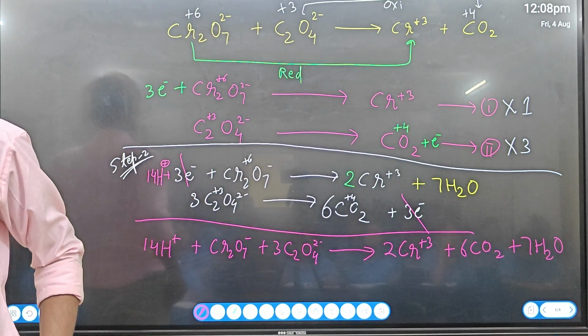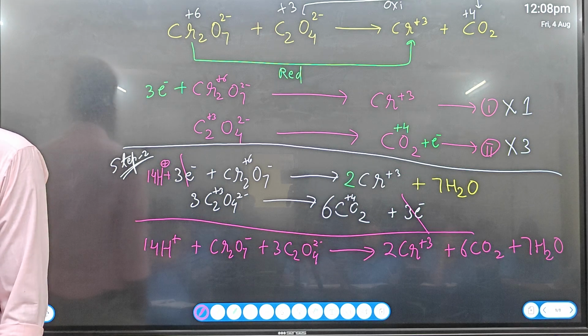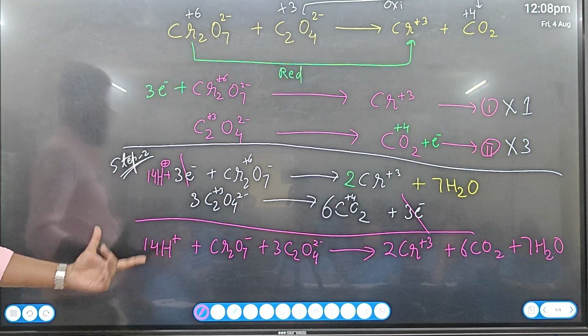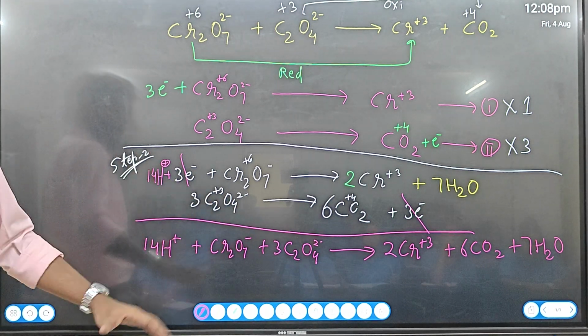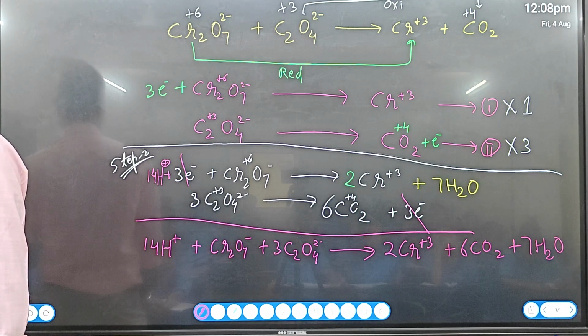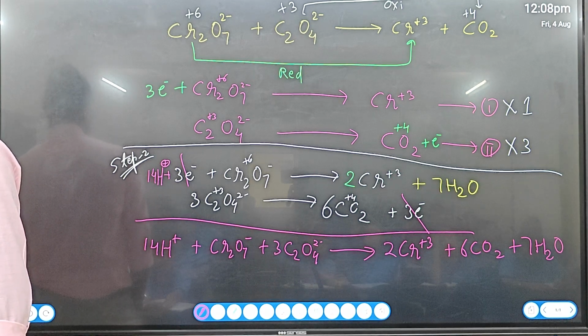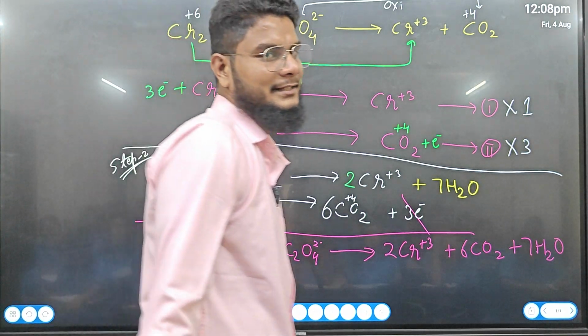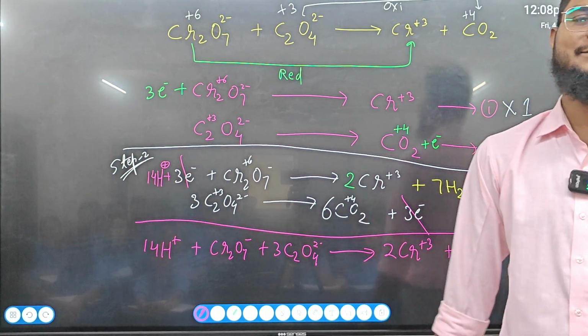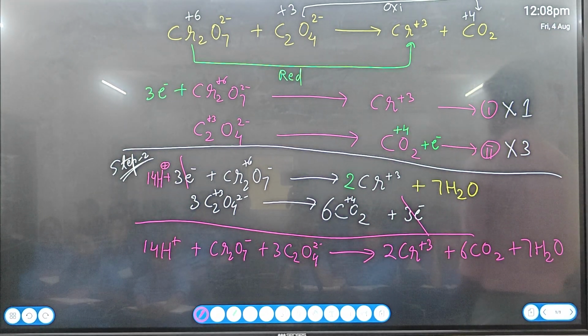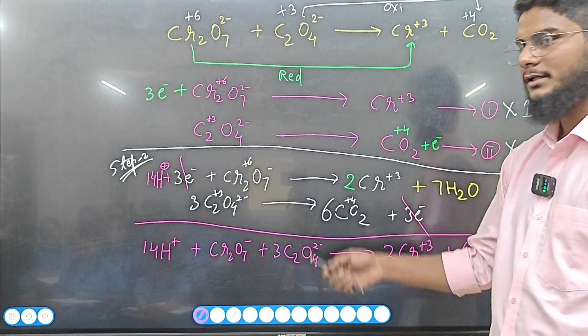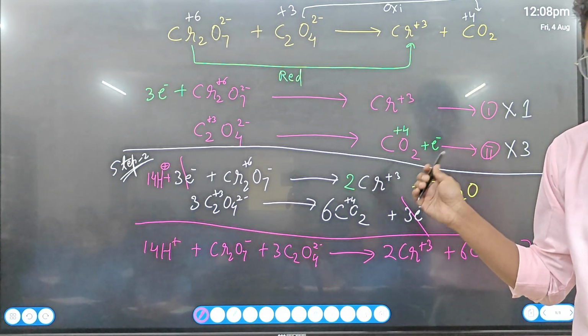It's up to you. You will get the same answer in all media. The process will be different. I feel this method is very easy, and basic medium is a bit complicated. You will see. Clear? You have doubt?